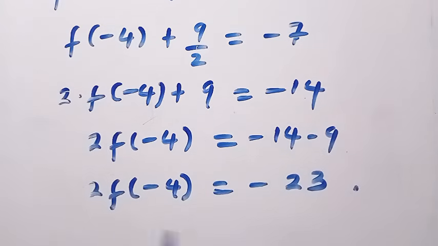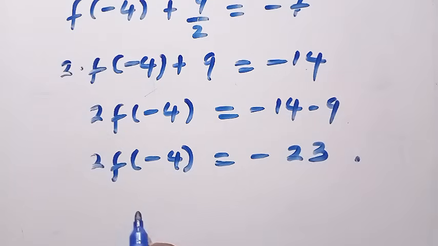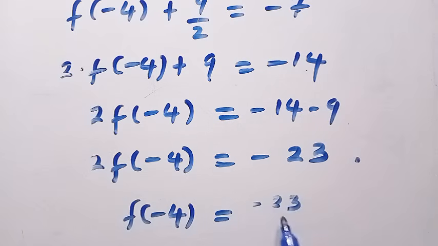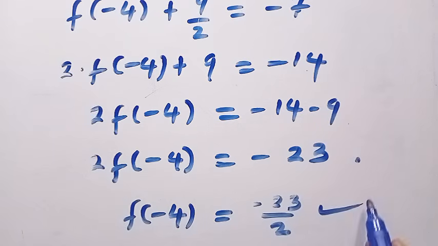By dividing both sides by 2, we have f of minus 4 equals minus 23 divided by 2. So this is the value of f of minus 4.